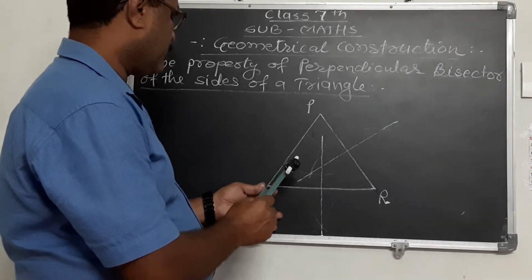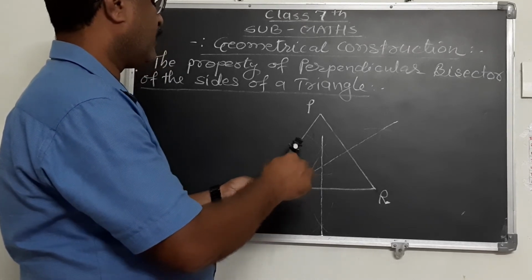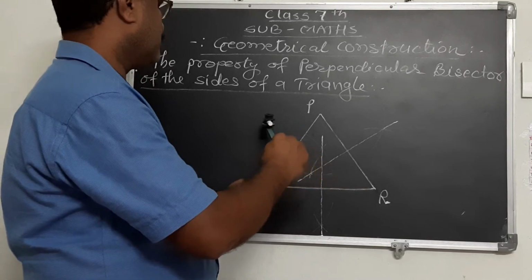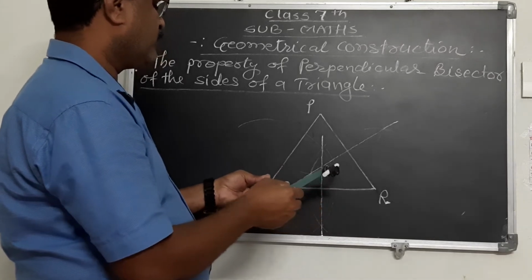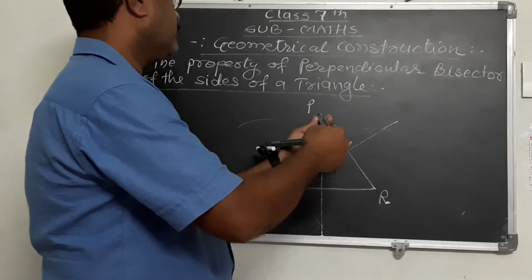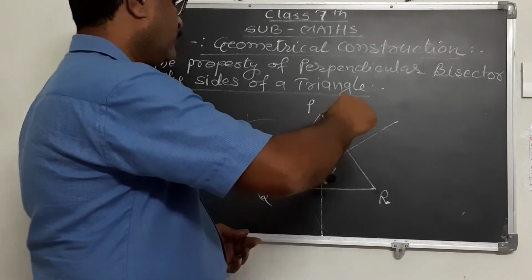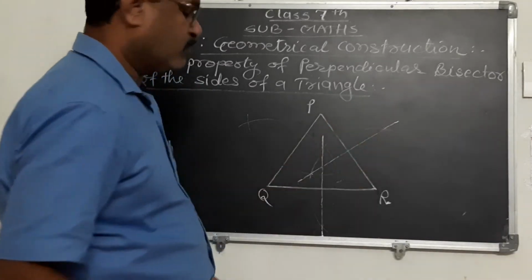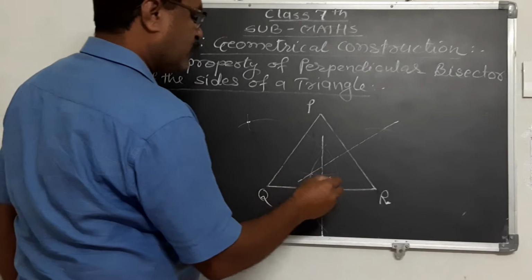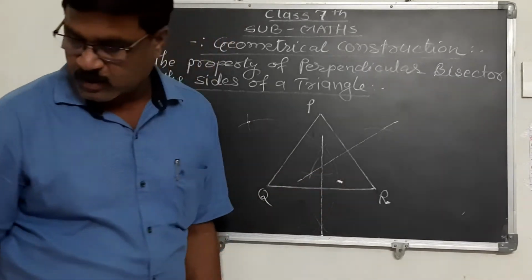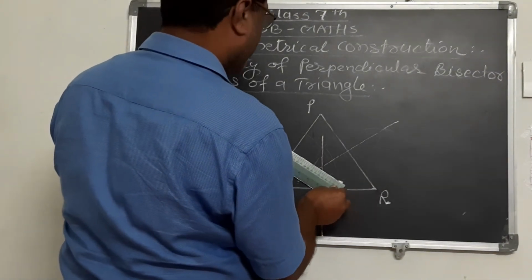Take again a distance more than half, put the cuts above the line as well as below the line, keep the same distance and put the compass point on P, cut both sides and find the cut points in such a way. These two points are again joined with the help of a scale.